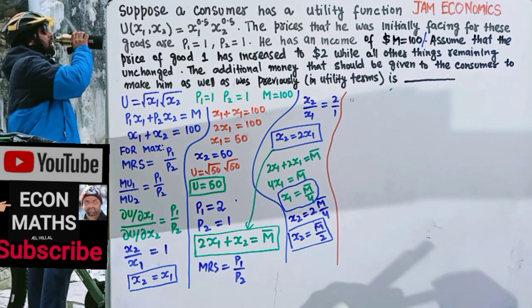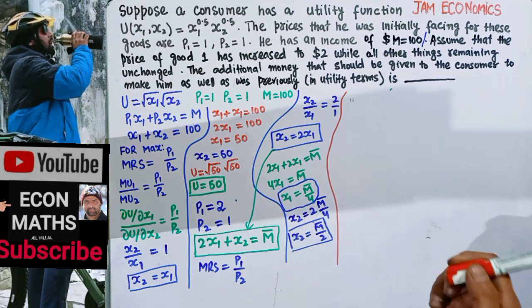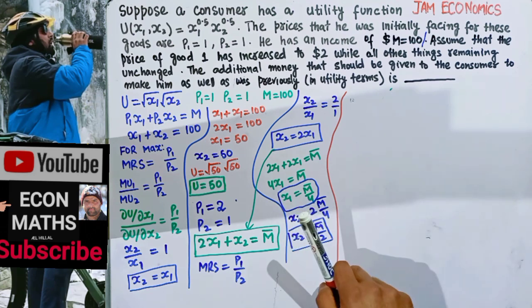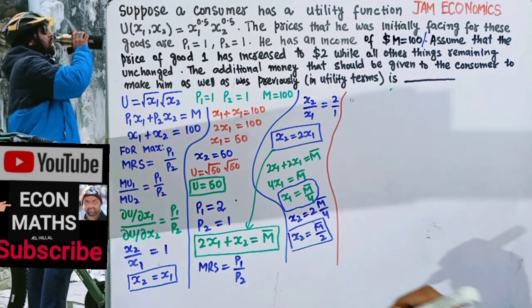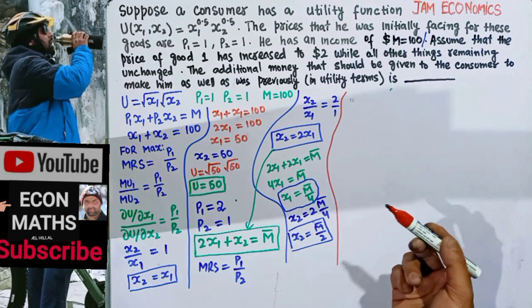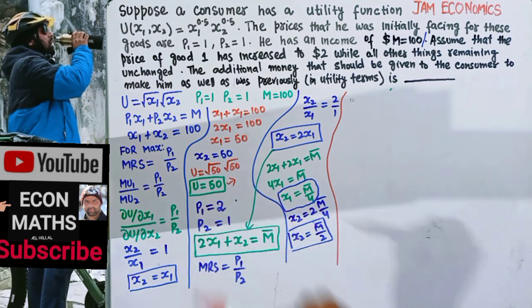How much extra money do we want to give to the consumer so that he feels as well off as he was earlier, in utility terms? Initially, how well off was he? Initially he was getting a utility of 50 utilities. I cannot say dollars here, sorry for the mistake.